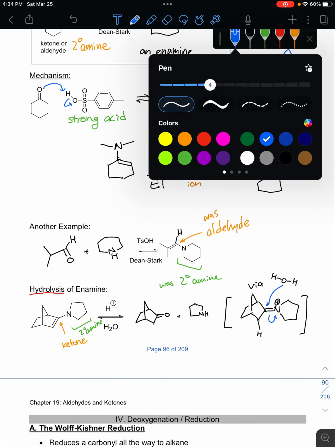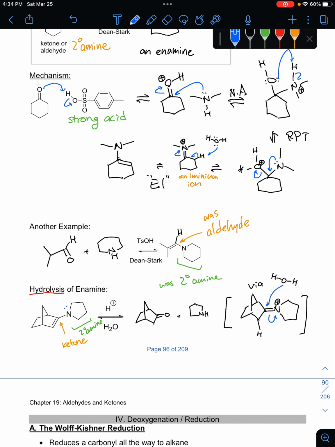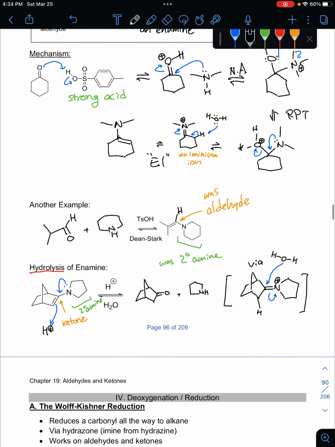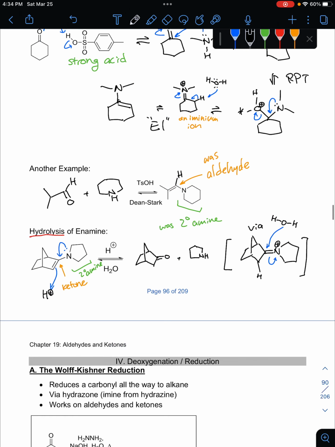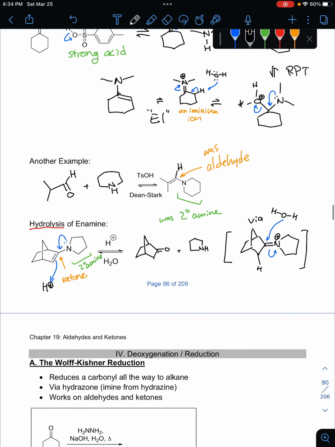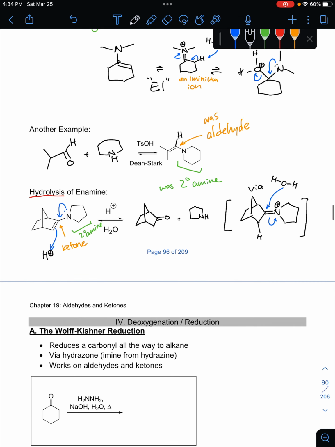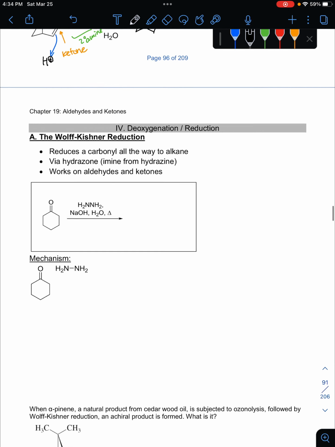Here, just to help you out with the very first step, that's the idea to get to that intermediate. So please definitely work through the mechanisms for the hydrolysis of enamine, as well as that one example of enamine formation from an aldehyde.